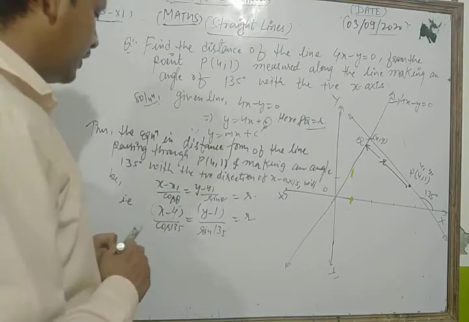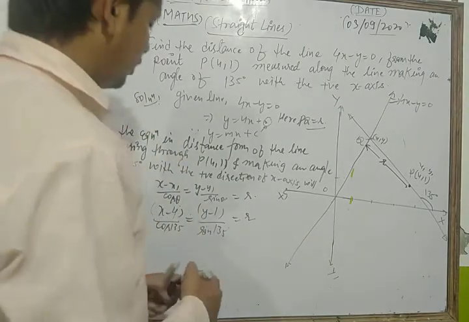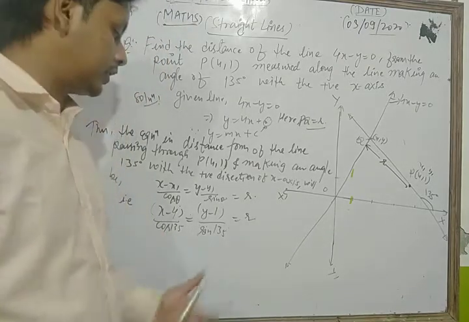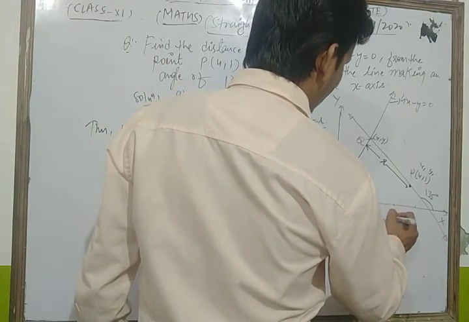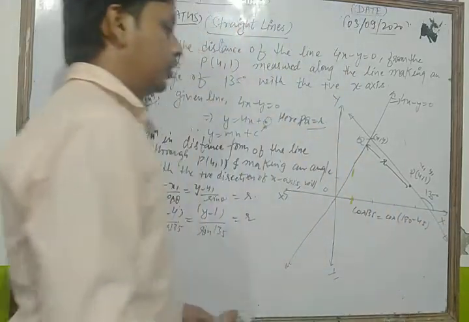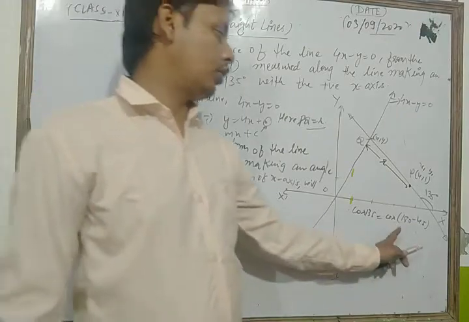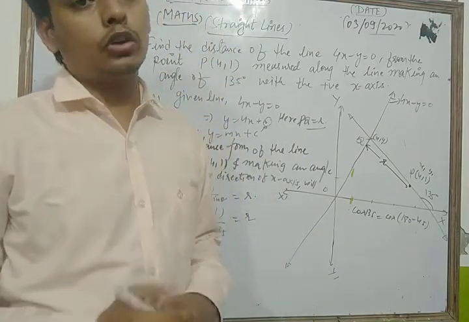Now look, dear students, first of all we find the value of cos 135 and sin 135. You write cos 135 as cos(180 minus 45), and you know cos(180 minus theta) is minus cos theta.